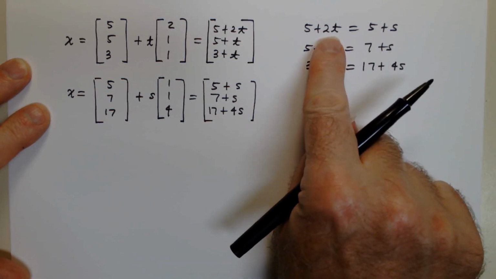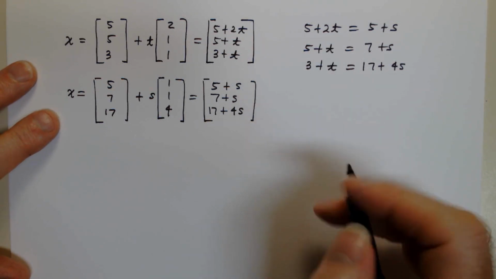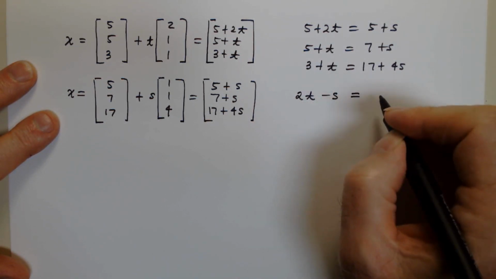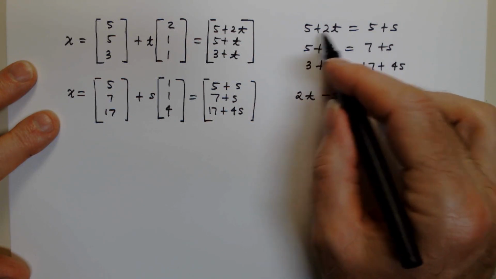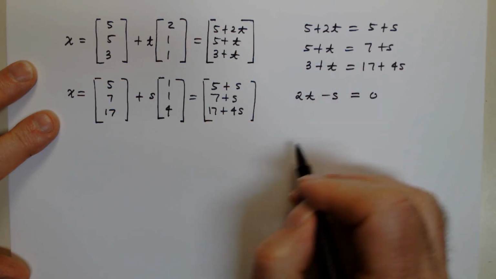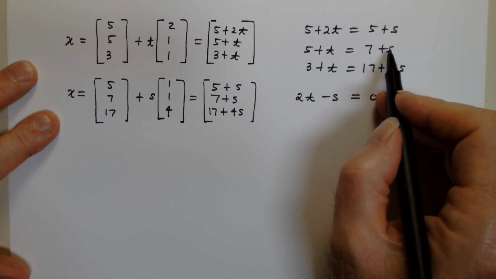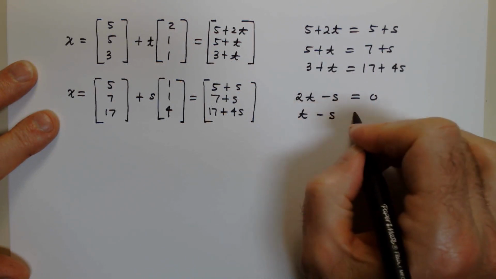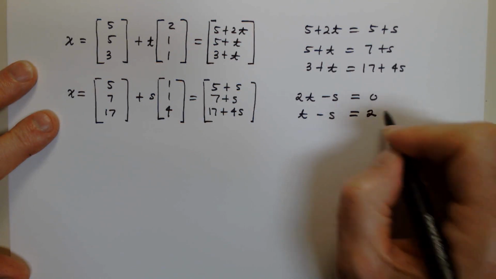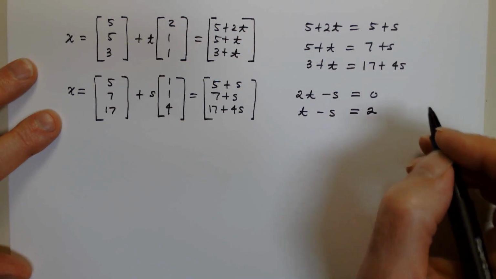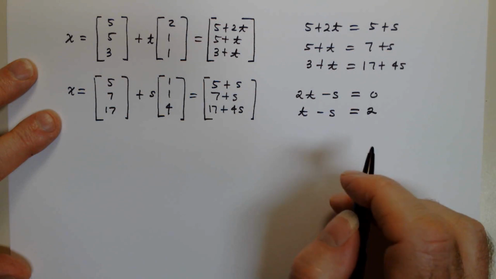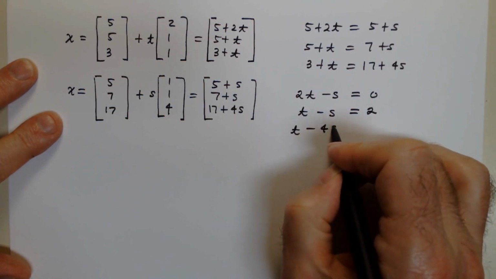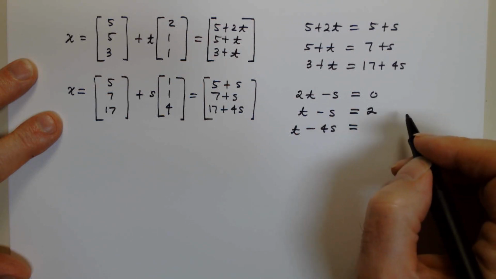And so I'll move this s over, and I'll write this as 2t minus s is equal to 0, the 5's canceling. All right, my second equation is going to be t minus s is equal to 2. And my third equation is going to be simply t minus 4s is equal to 14.